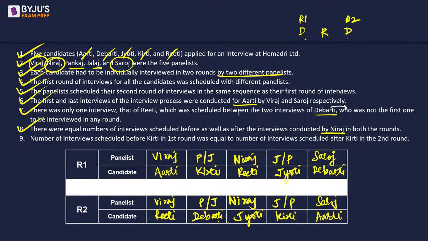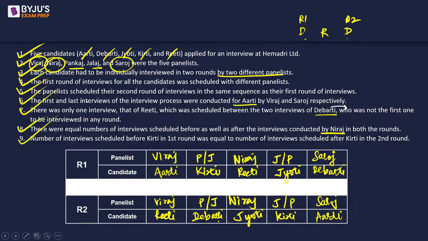Second thing that you have to remember all the time is a particular candidate cannot come in the same round twice, right? हर एक का नाम एक बार आना चाहिए in each of the rounds, and the sequence of the panelists, they are supposed to be same.